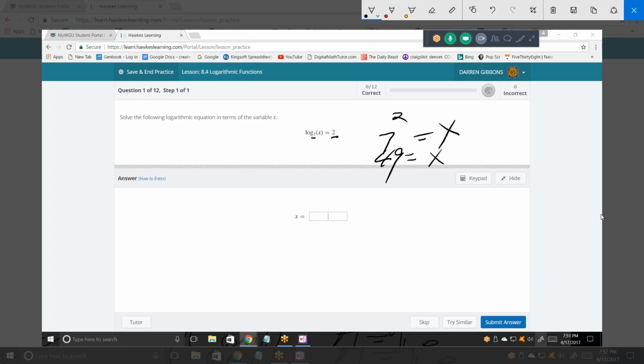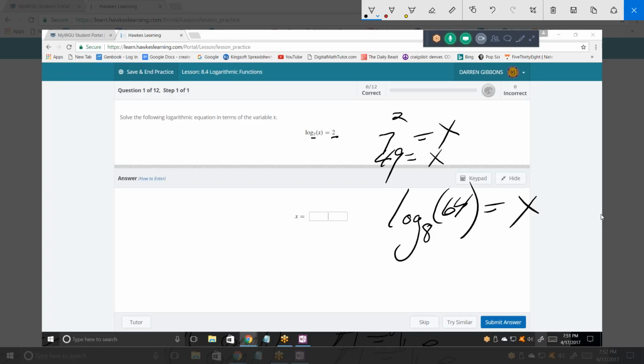So tell me what this would be. The log base 8 of 64 equals x. Solve that. So it's 8. Go ahead. 8 to what?